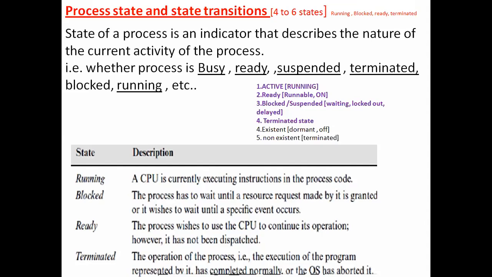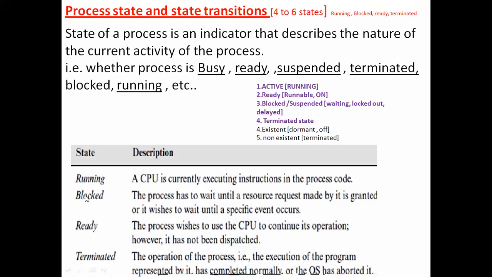Or if the process is waiting for a specific event to occur, then the state of the process will be said to be blocked. So the process has to wait until a resource request made by it is granted, or until an event occurs; till then, the process will be kept in the blocked state.